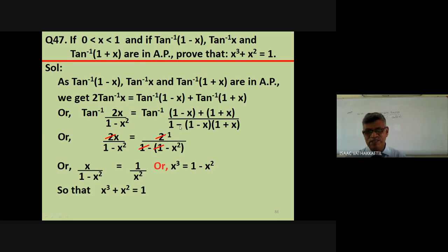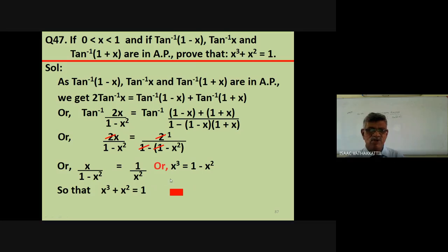And then applied the formula for 2 tan inverse x, that is tan inverse 2x by 1 minus x squared. Further, we applied the formula for tan inverse x plus tan inverse y, that is tan inverse x plus y by 1 minus xy, and tan inverse is a one-to-one function, so tan inverse x equal to tan inverse y implies x equal to y, and on simplifying you are getting x cube plus x squared equal to 1.